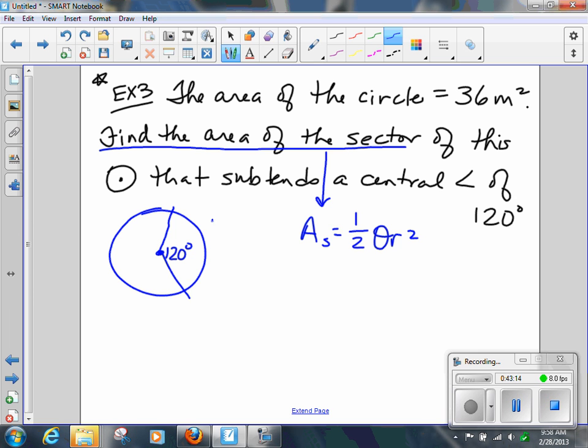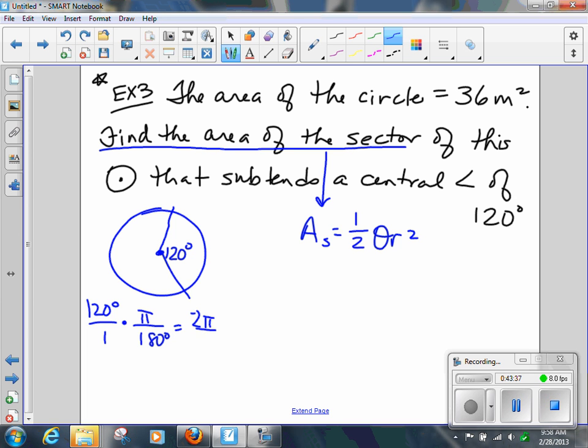But I know my angle is 120 degrees, and when I convert it, why do I have to convert it? It has to be in radians, so it's going to be pi over 180. Folks, what is 120 pi over 180? 2 pi over 3? Is that right?